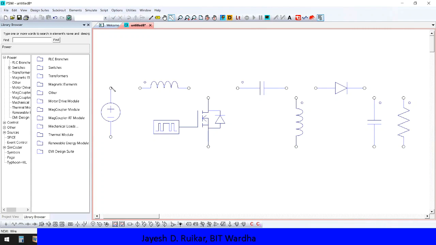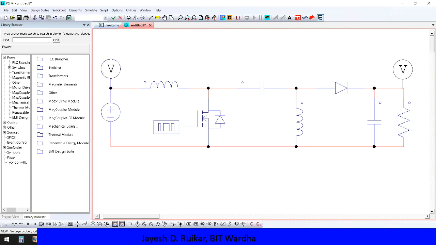Okay, now we'll make the connections. This is connected to this, this is connected, this is again connected. Now we need voltage probes.